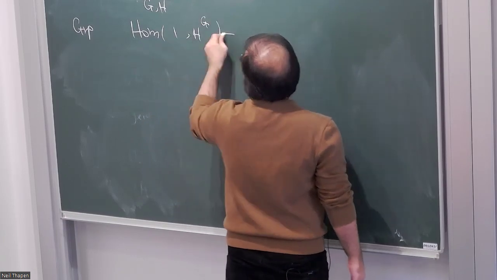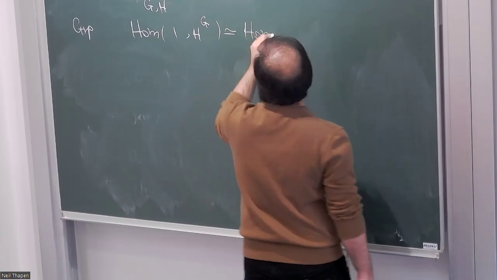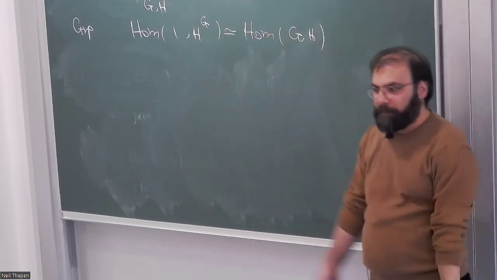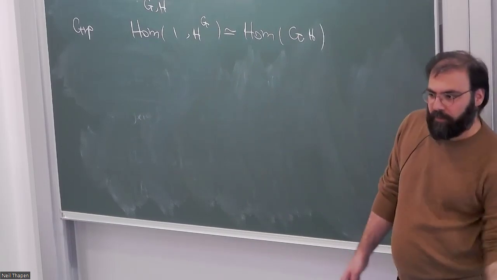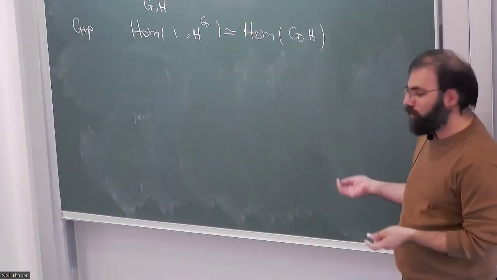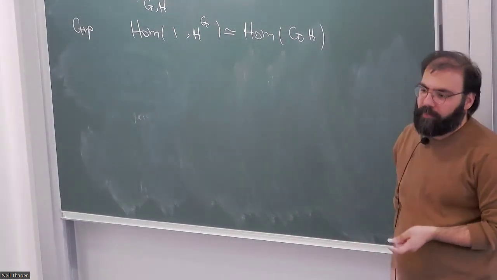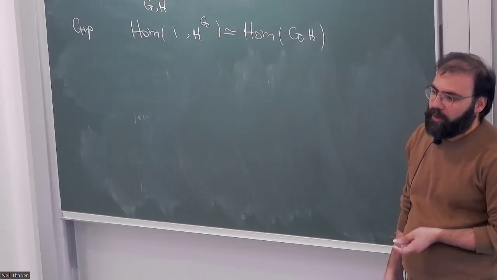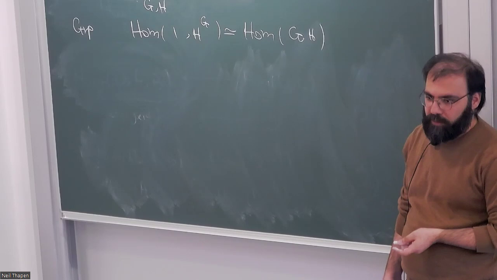such that from 1, you get this, right? We saw this. All the elements, but element means a map from 1 to this. So what is 1 here in the category of groups? What's the terminal? It's the trivial group, right?